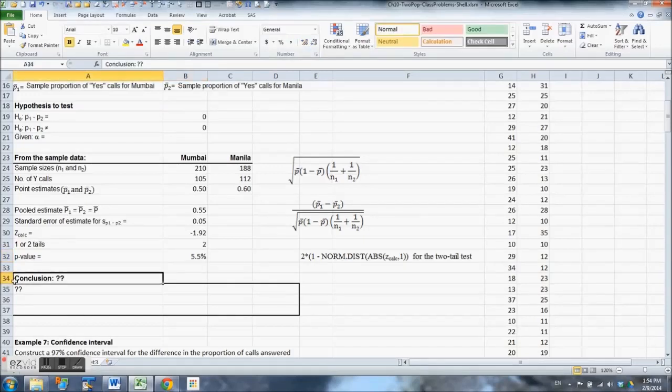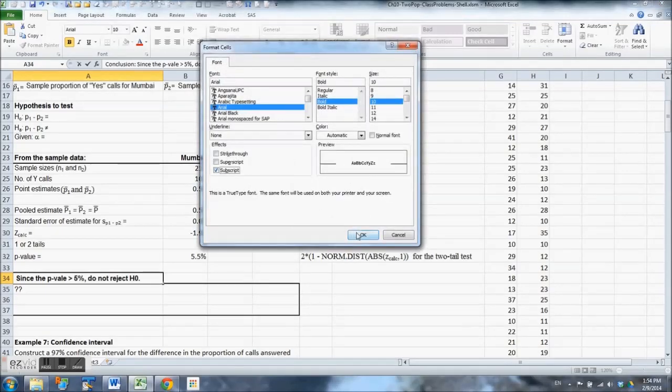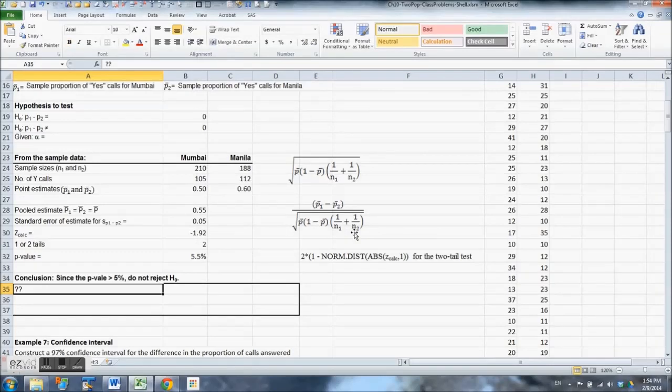Okay. And the conclusion is, since the p-value is greater than 5%, do not reject H sub 0. So now we have to interpret it, and two parts to it. First, the decision.